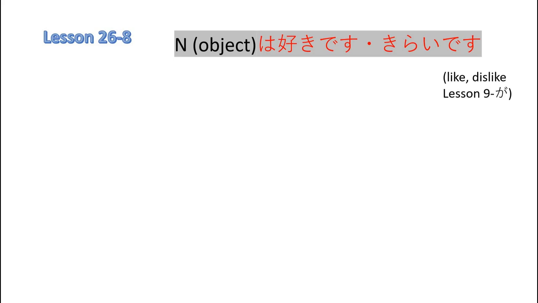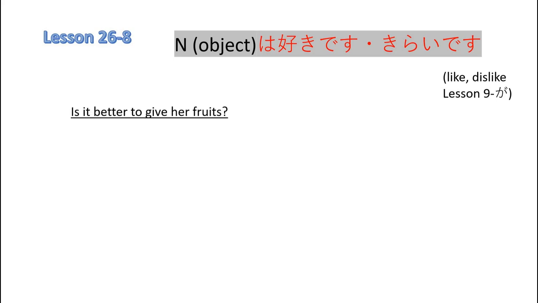So we use the particle wa when we give emphasis to the information about the subject. When we use the particle ga, we focus on the subject. But when we use the particle wa, we give focus to the information about the subject.